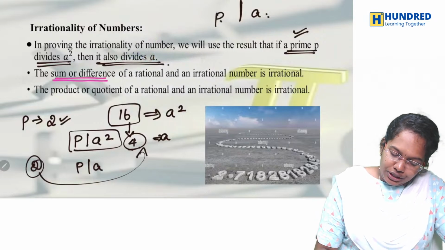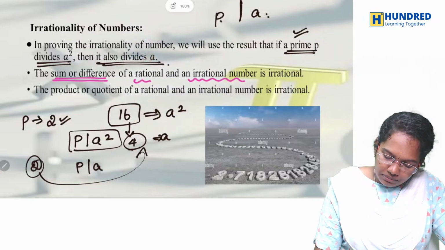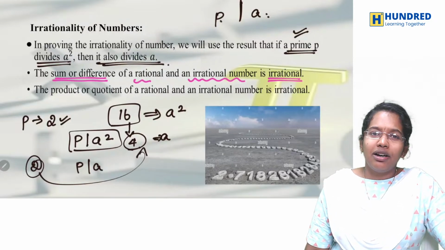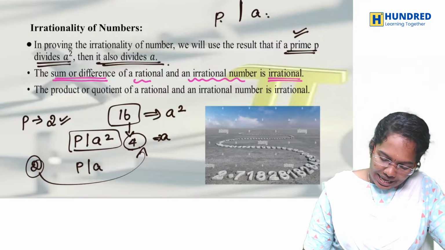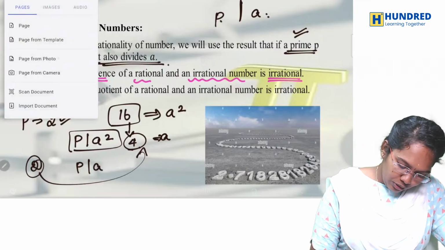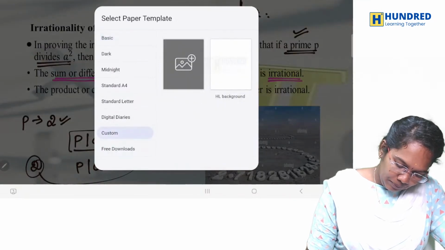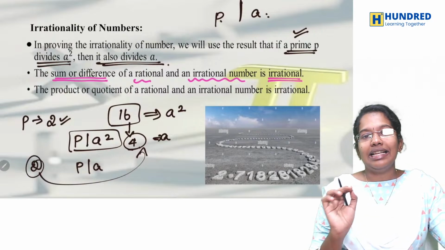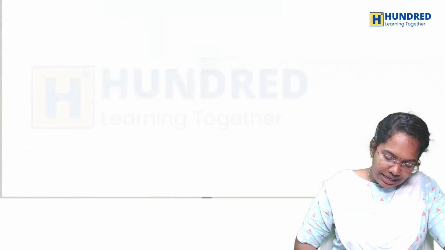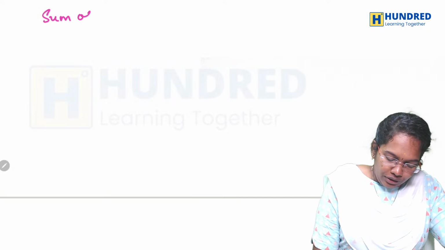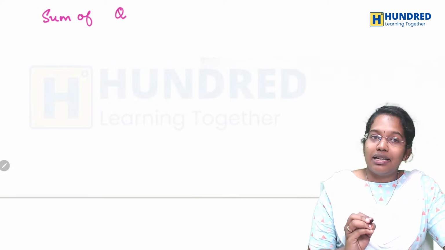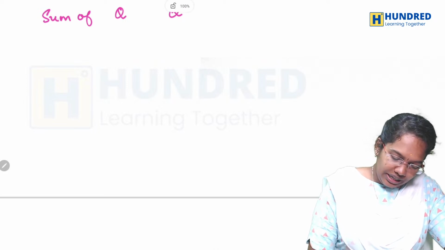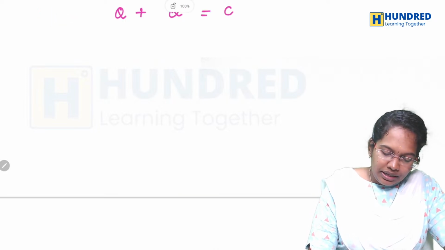And the next thing you have to know is that the sum or difference of a rational and an irrational number is irrational. Let me take a rational number and an irrational number q dash. The sum of a rational and an irrational will be irrational.